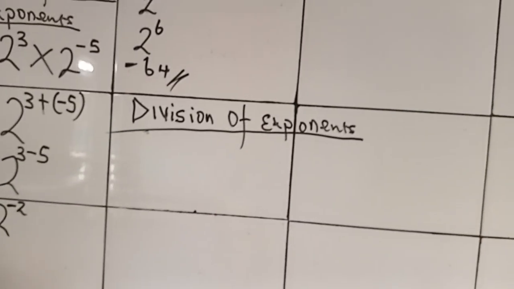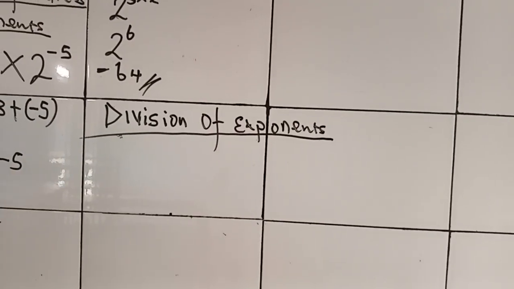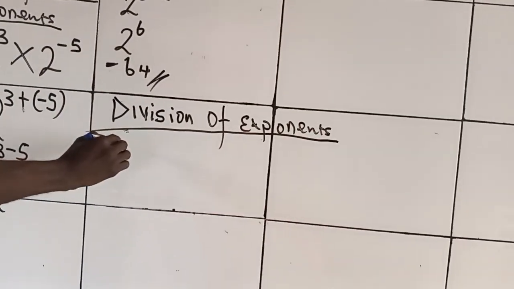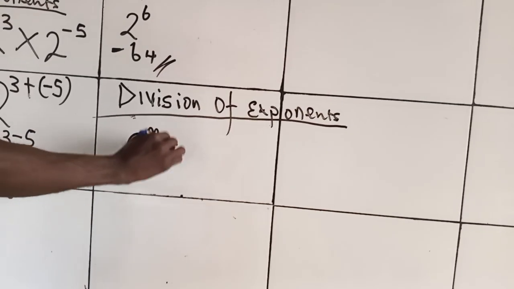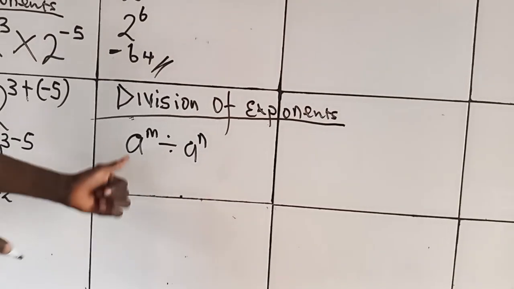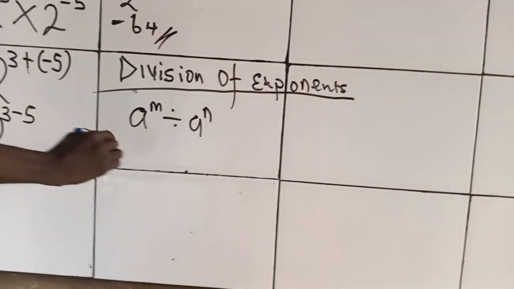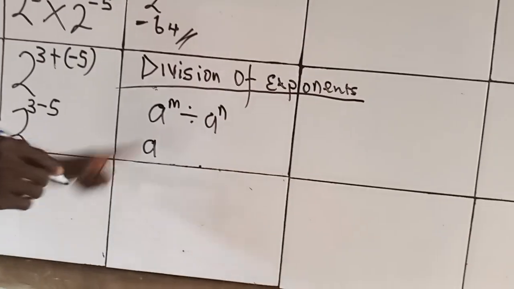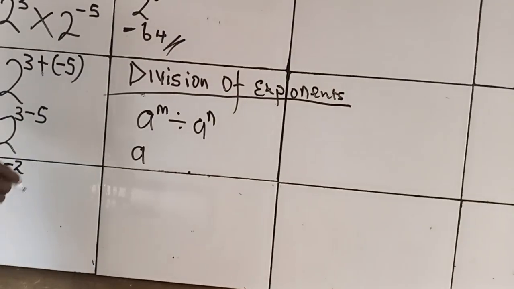In division of exponents, if you have a raised to the power of m divided by a raised to the power of n, since the bases are the same, you pick one of the bases, a, then you subtract the exponents.